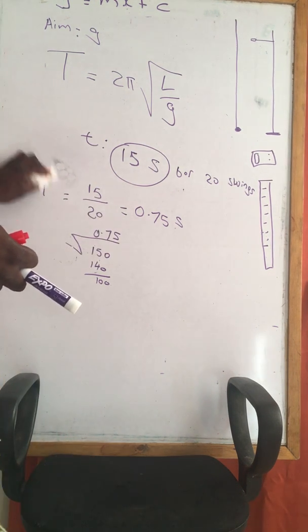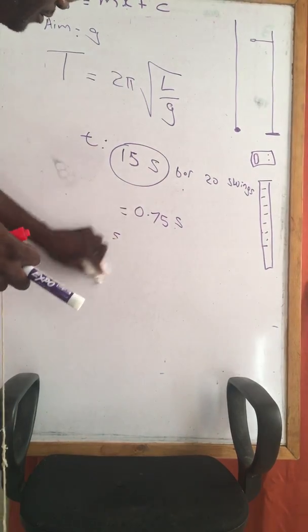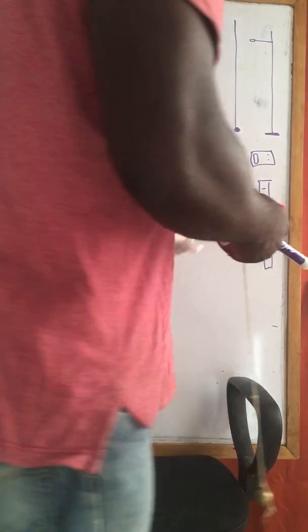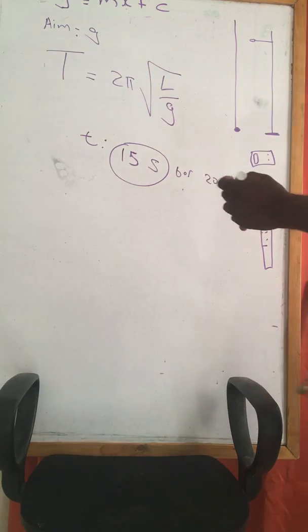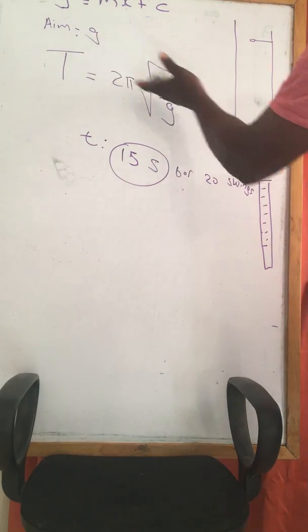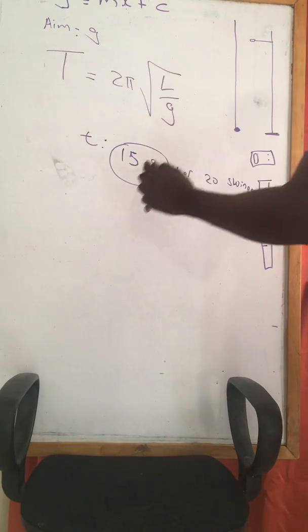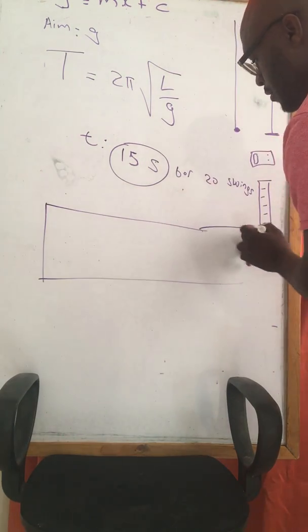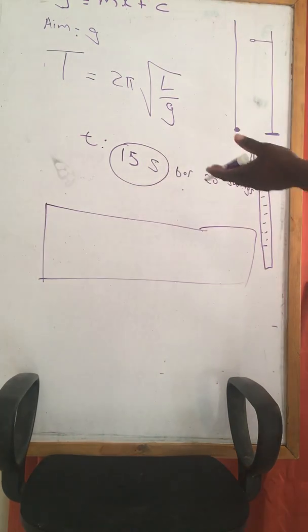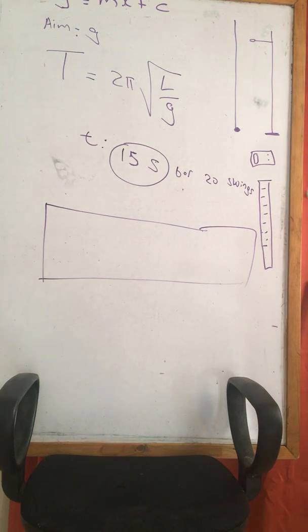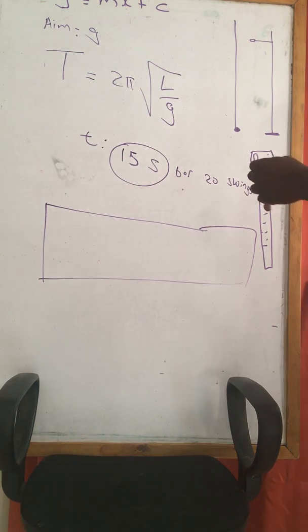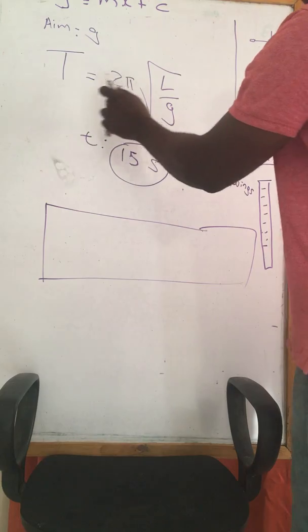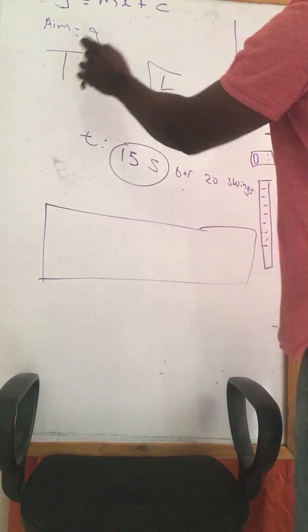Obviously we'd have to come up with a wonderful table to suit this equation here. So what are the variables here? What can I change, what can I alter to change this value here?